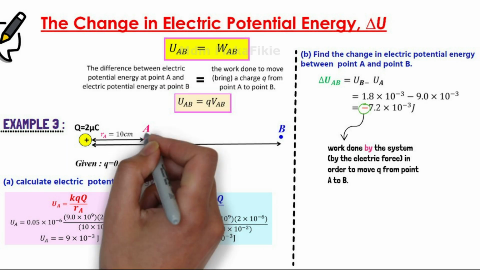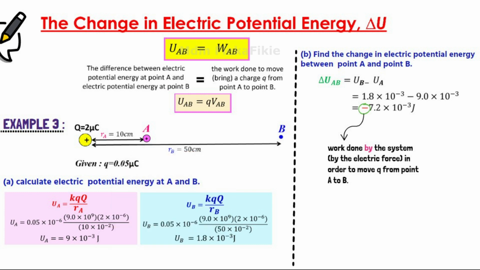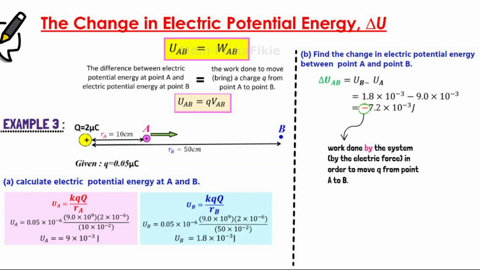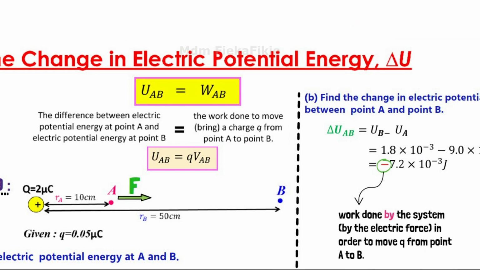So kita ada repellation between test charge and point charge. So the electrostatic force is to the right. So bila kita nak gerakkan the test charge from point A to point B, so work done by the system means that the work is done by the electric force. Okay? So sebab itu kita dapat jawapan kita adalah negatif.